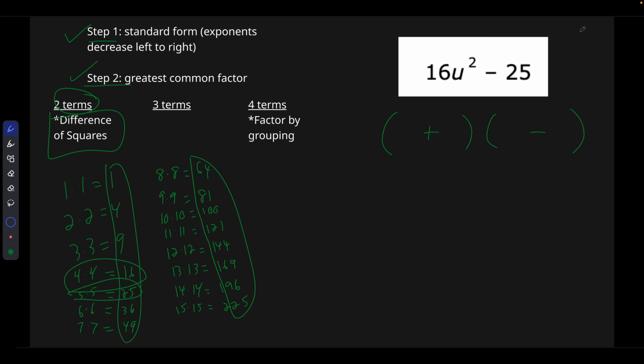And now we ask, what is 16 broken down into its perfect squares, or what is the square root of 16? Well, you can go to your list here. It's 4, and it's 4u on both. And then 25, the square root of 25 broken down is 5 and 5. And it will always factor like this: something plus, something minus.